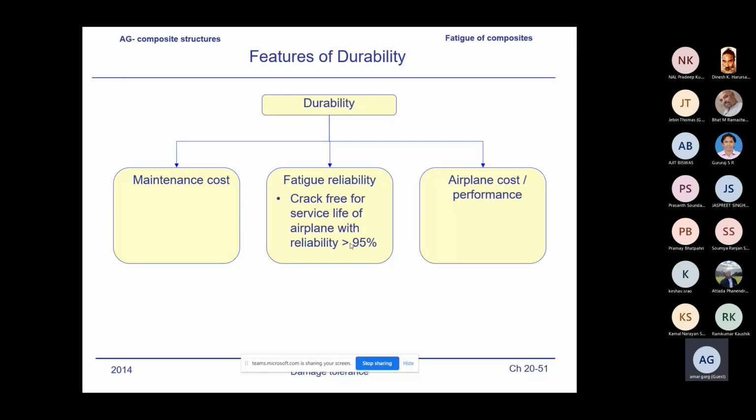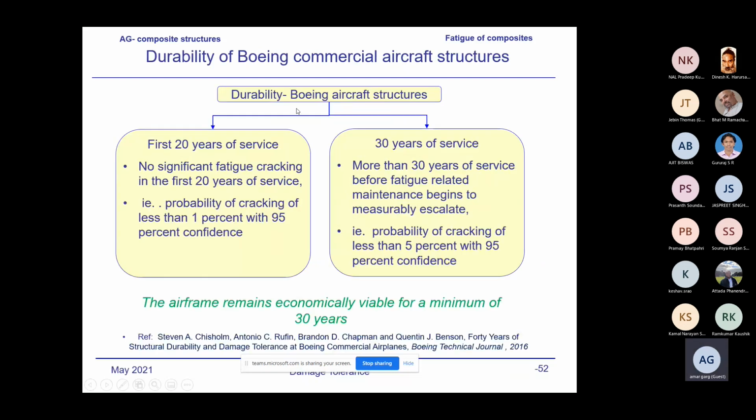And this is why I want to touch on durability issues. Boeing's requirement is this, and it is a very important criterion to understand.